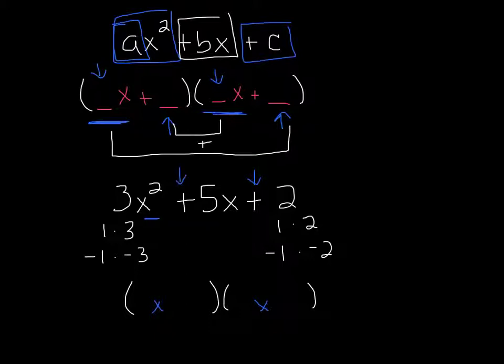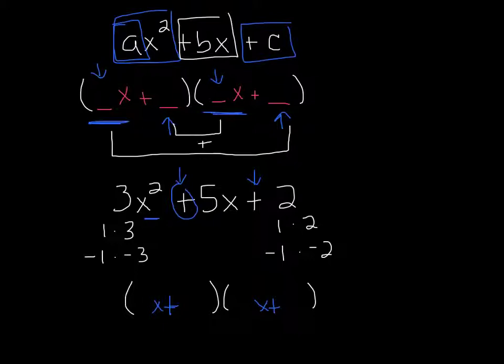So since both of those are positive, we can go ahead and put pluses in both spots. Okay, makes it simple. Now if this was negative like before, when we talked about this before, if that was negative, you could make them both negatives, right? Because you need a positive last term and negative on the middle.